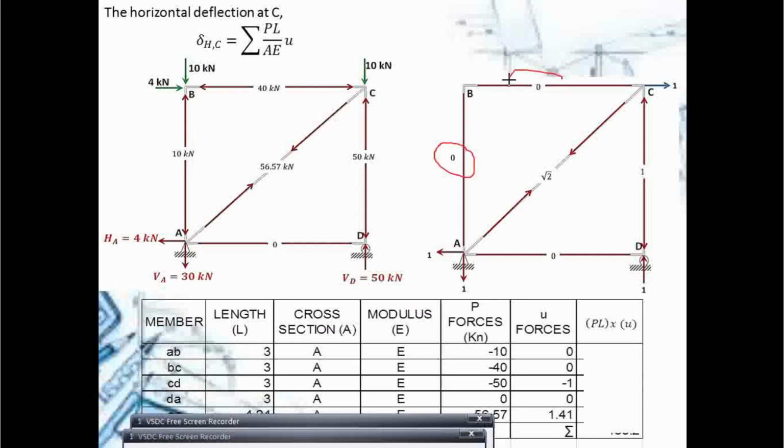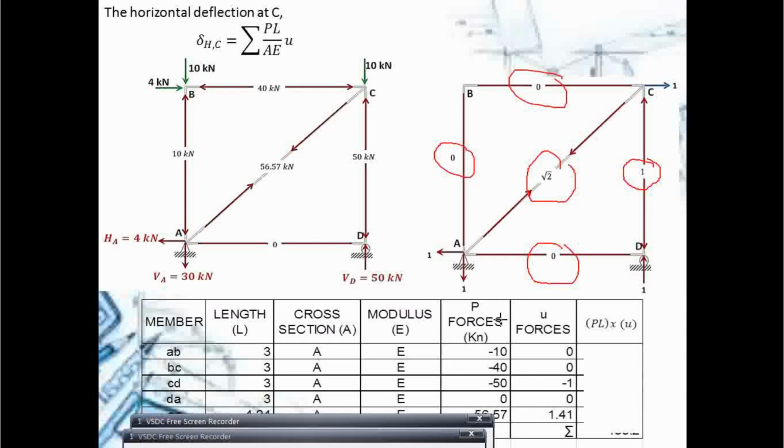BC, 0. CD, 1. But, again, the direction of my arrow is towards the joint, kaya compression, that is negative. DA is 0. And AC is square root of 2, or that is equal to 1.41. Again, the direction of my arrow is pointing away from the joint, so that is tension, positive.